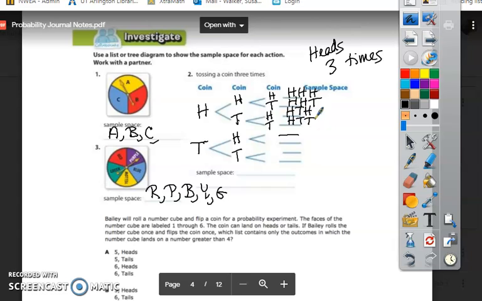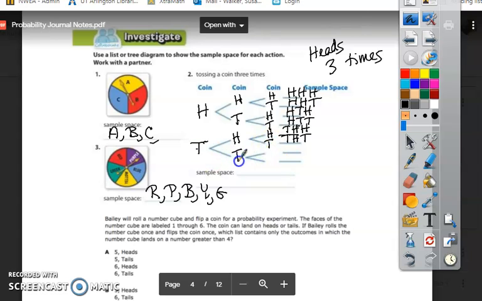Okay? But maybe I don't start with the heads at all. I get a tails first. So I could get tails, then a heads. And remember, even if I get tails and heads, the next one could still be a heads. Or it might be a tail. So I could get tails, heads, heads. Or tails, heads, tails. Or I could get tails, tails.